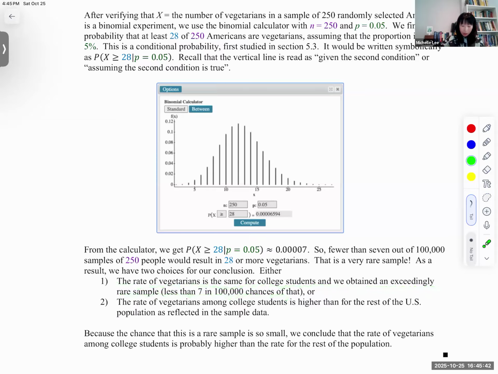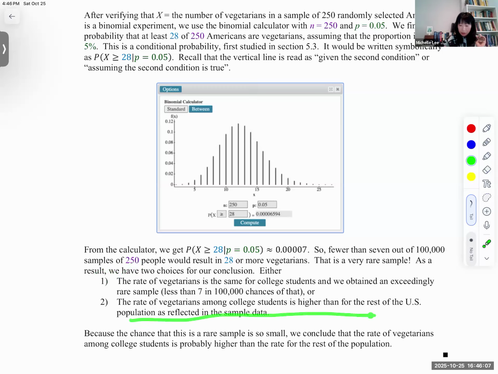Or the rate of vegetarians among college students is higher than for the rest of the US population, as reflected in the sample data. The first is a very, very tiny chance, right?